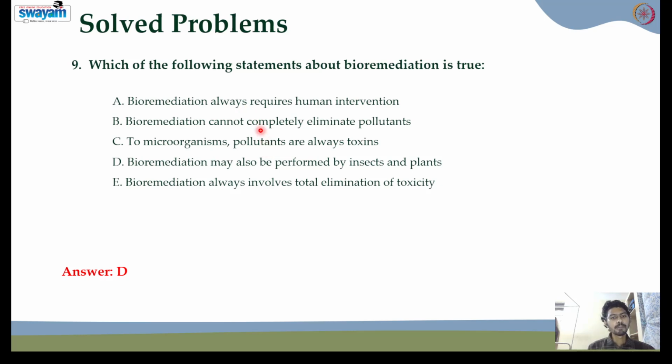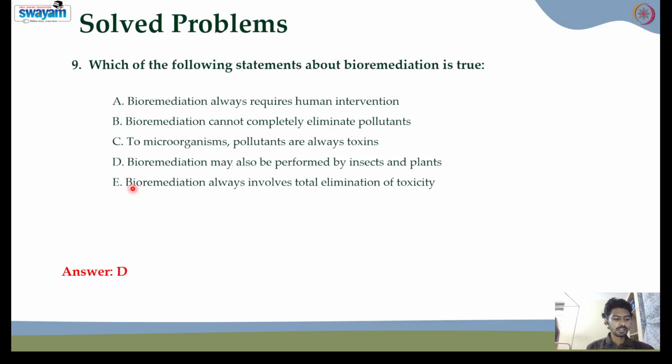Option B, bioremediation cannot completely eliminate pollutant, is false because it can reduce the contaminants to a safe level, often rendering the site reusable. If you take option C, some microorganisms can use these pollutants as a food source for their carbon and energy. So they need not be toxic for all microorganisms.